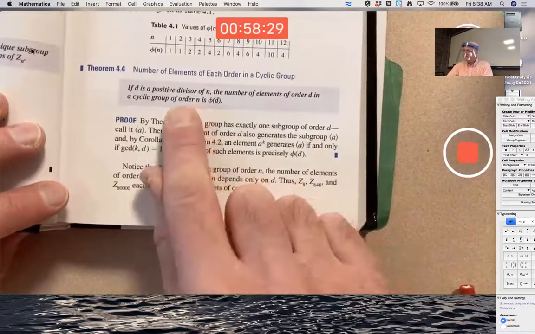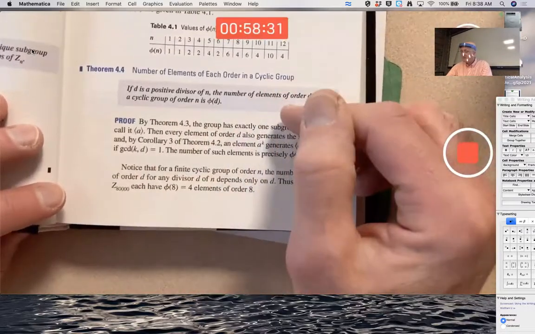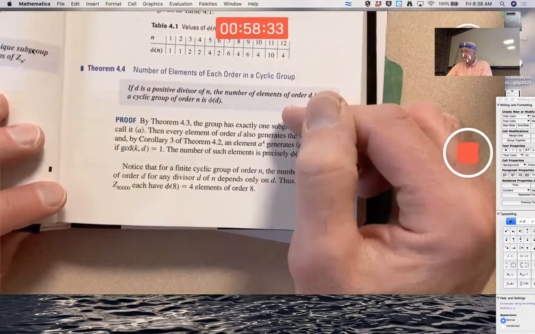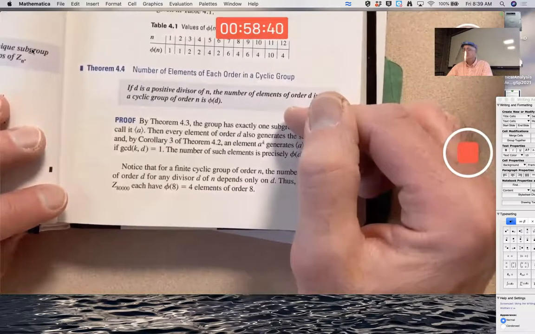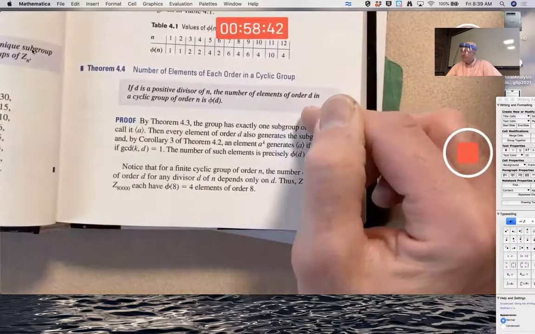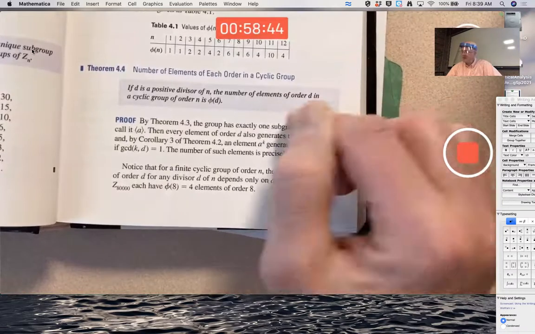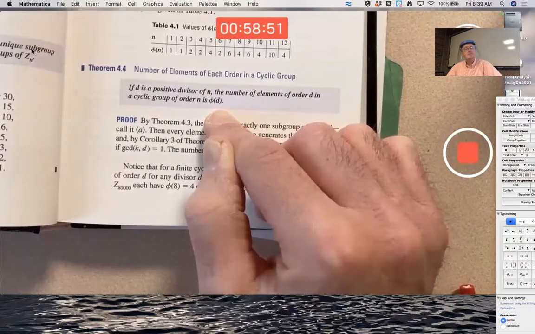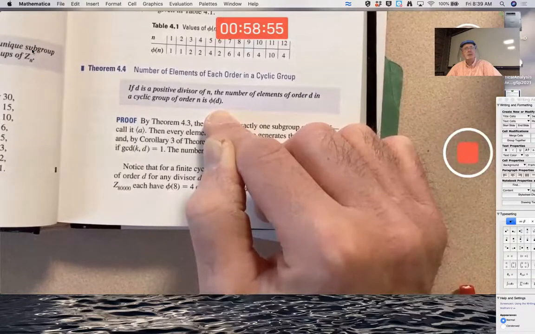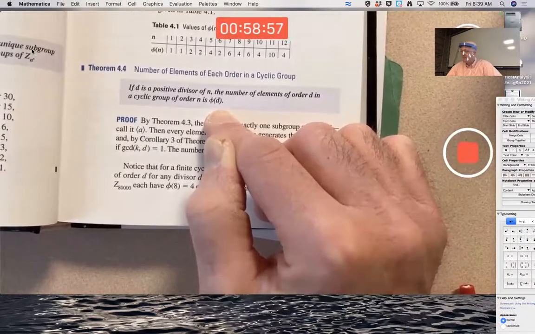If D is something other than 60, say we're still thinking about Z60 here, n is 60, and D is something other than 60 but still divides n, like 15, then the number of elements of order 15 in Z60 would be phi of 15, which I think is 8. Yeah, it's phi of 3 times phi of 5, which is 2 times 4, which is 8. There would be 8 elements of order 15 in Z60.